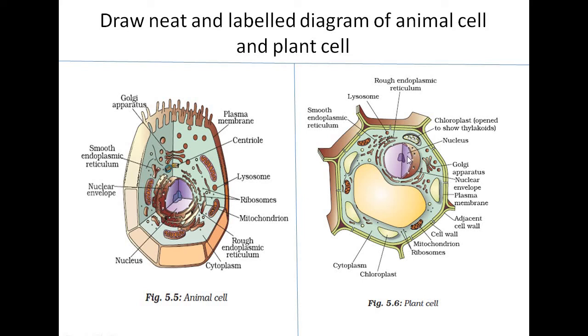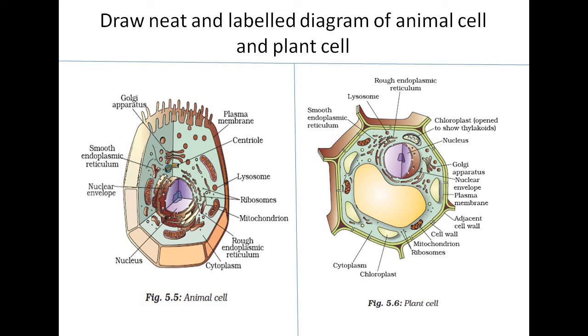Now, if there is any other difference in animal cell and plant cell, look at it. Plant parts have different colors. What is the coloring material, or which part of the plant gives it color?